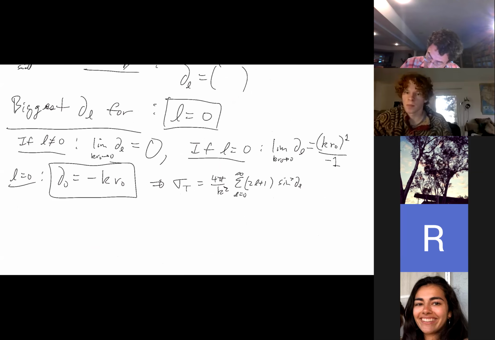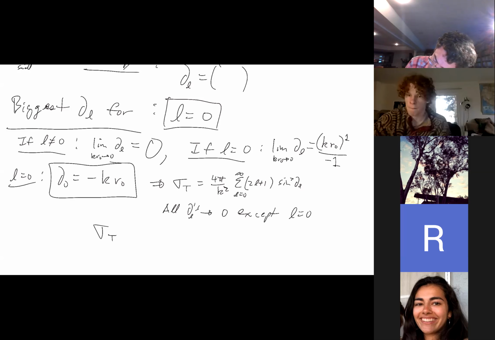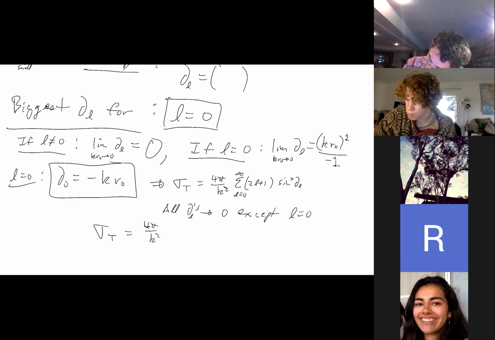So all the phase shifts go to 0 except L equals 0. So then we see that sigma t, the total cross section, is 4 pi over k squared times sine squared delta naught.